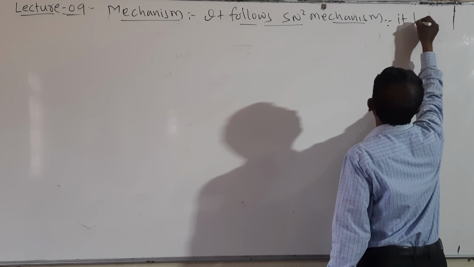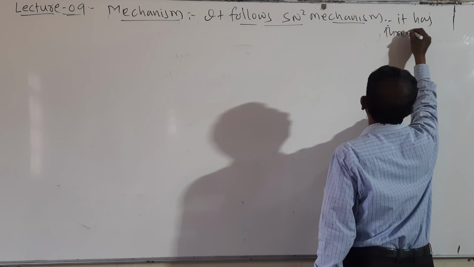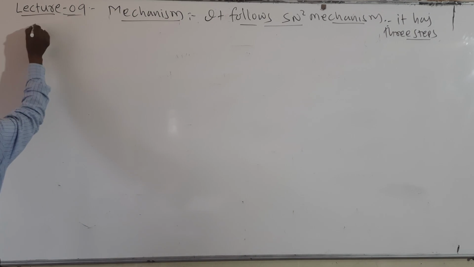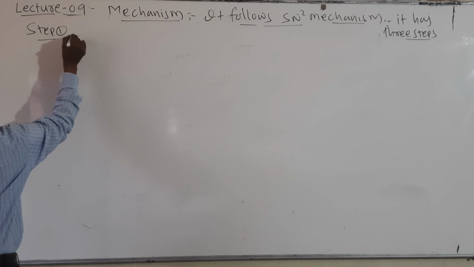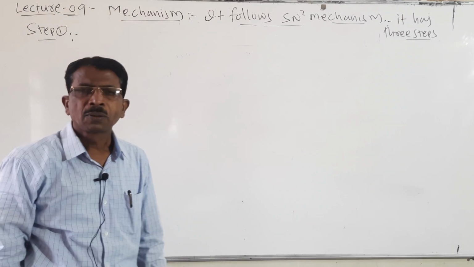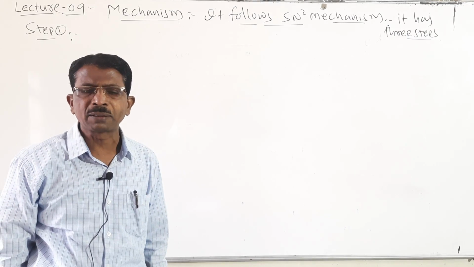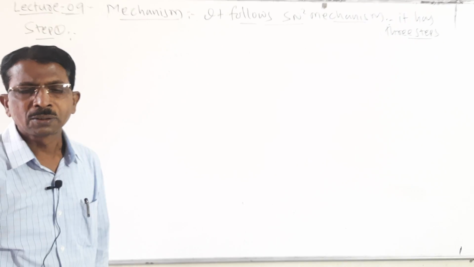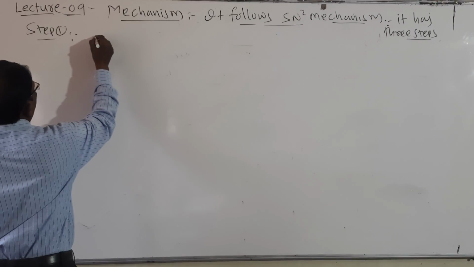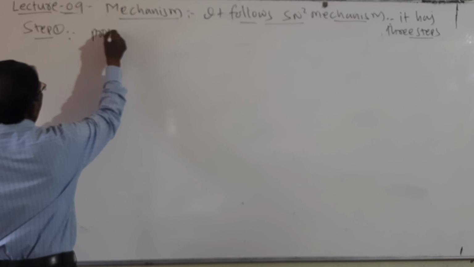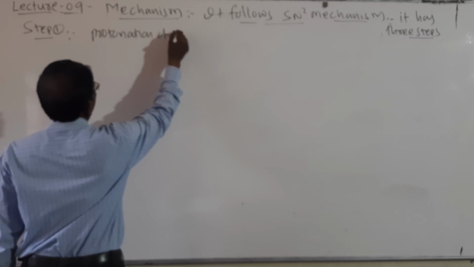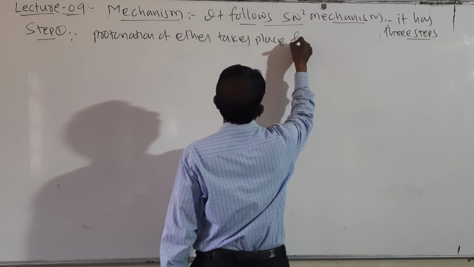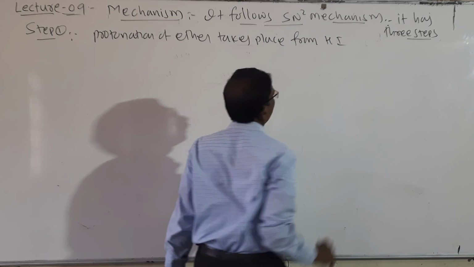And here it has 3 steps. Look here students, step 1: from hydrogen halide or hydrogen iodide, the proton attacks the ether. Protonation of ether takes place from HI.